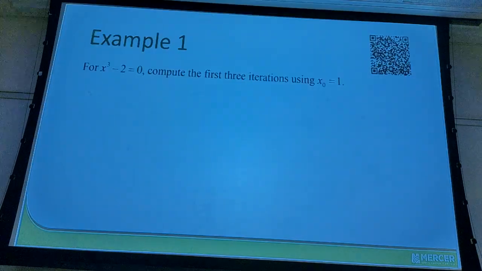The problem: x cubed minus 2, compute the first 3 iterations with an initial guess of 1. And it's not giving us a specific number of decimals. I'm going to use 7.